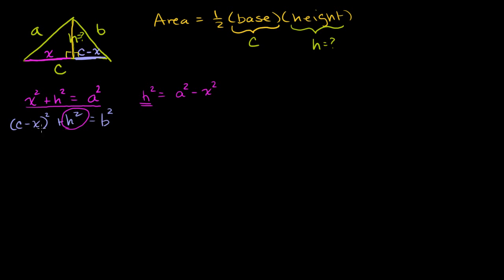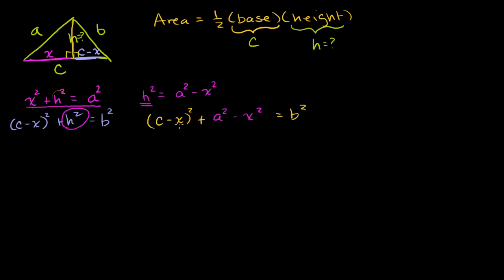So this bottom equation becomes c minus x squared plus h squared. H squared we know from this left-hand side equation. H squared is going to be equal to, so plus, a squared minus x squared is equal to b squared. I just substituted the value of that in here, the value of that in there.